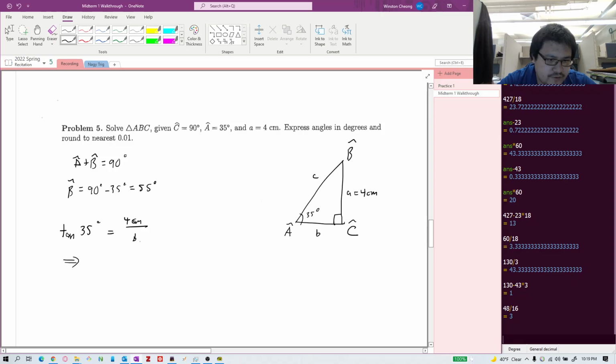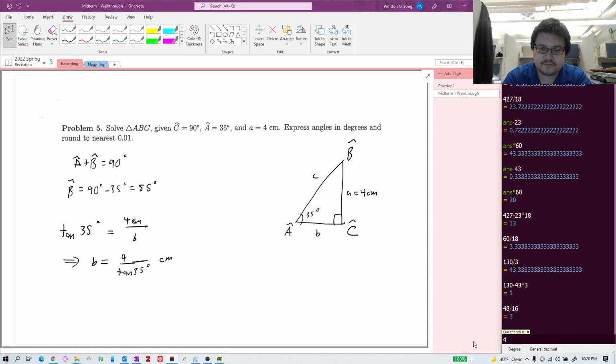Just multiply both sides by B and divide both sides by tan 35 degrees, and you end up with 4 over tangent 35 degrees. Whatever number this is, it's going to be measured in centimeters, because all of our lengths in these problems are in centimeters.